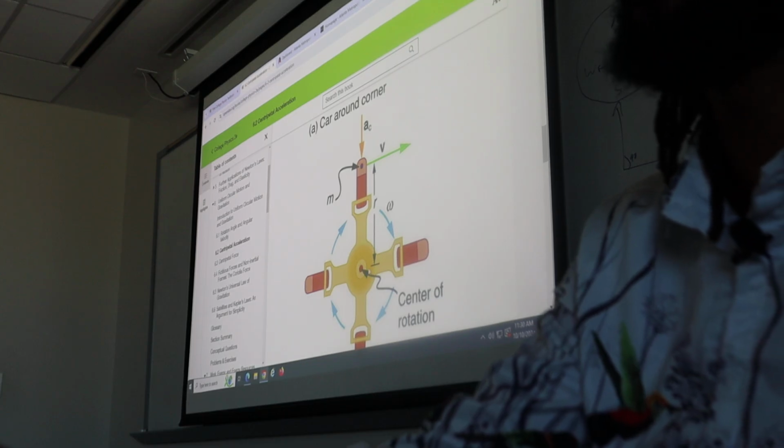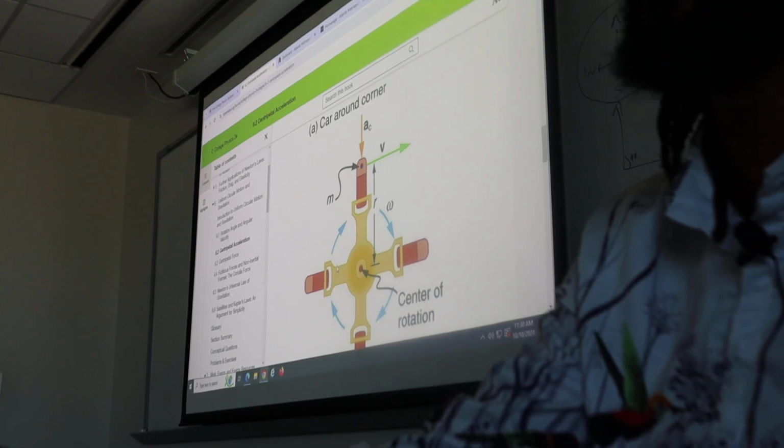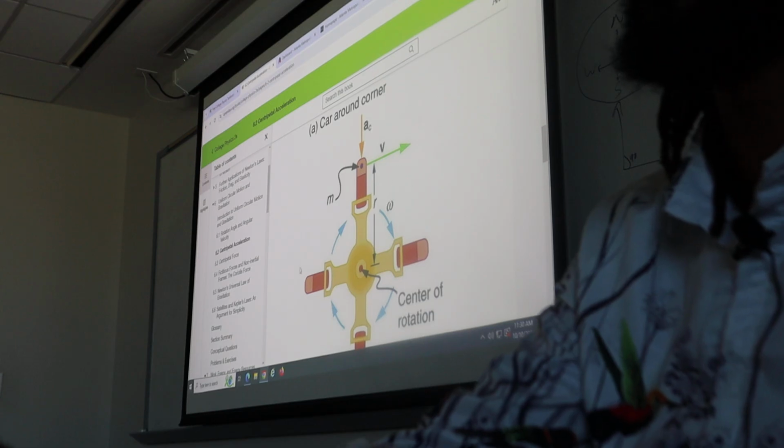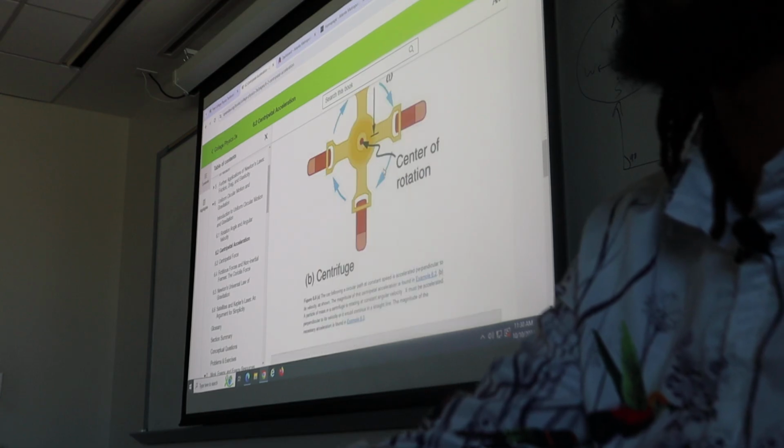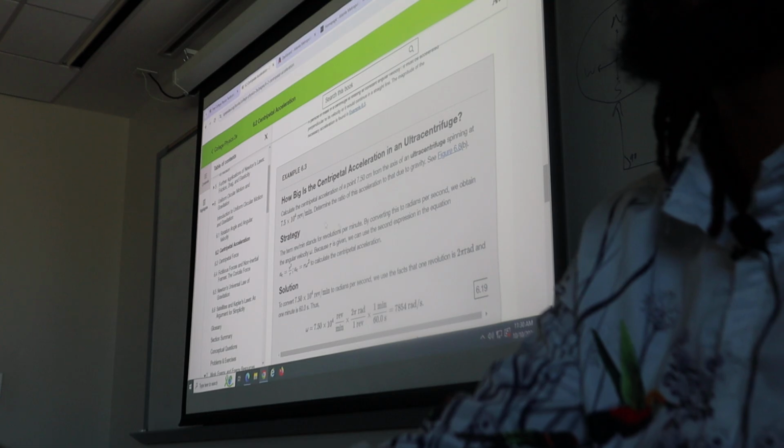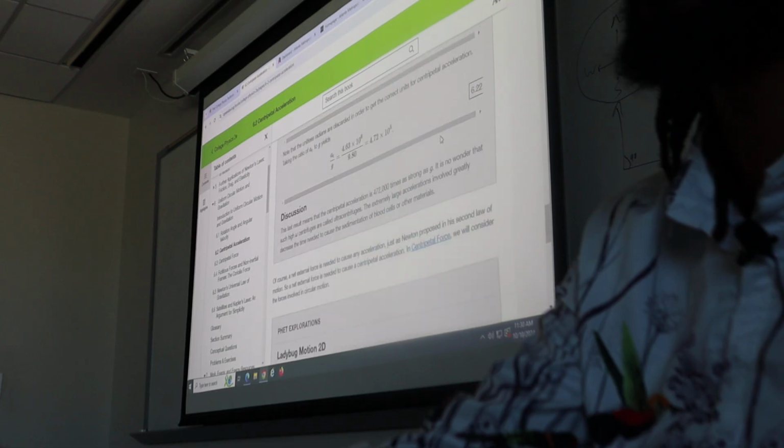We were talking about centrifuges before and how they increase the speed so that the particles are moving. How big is the centripetal acceleration in an ultracentrifuge?